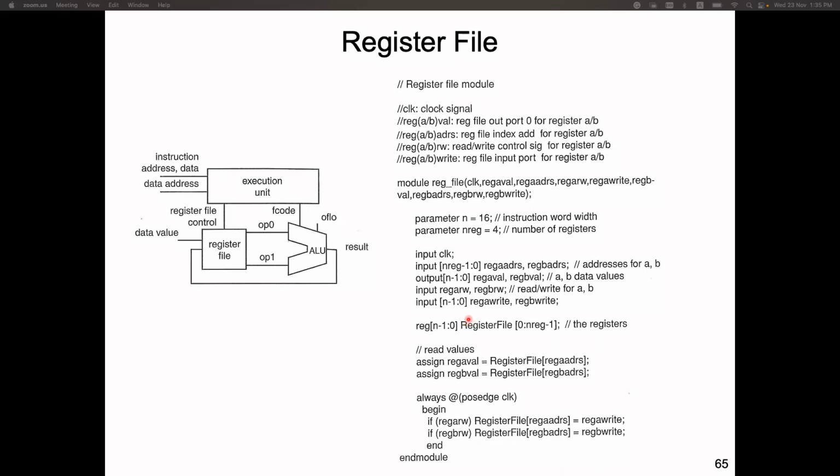The data to write are contained in the input words, register A write and register B write. So basically, this register file has 4 registers, I can read or write 2 of them simultaneously, and they are controlled by control signals.